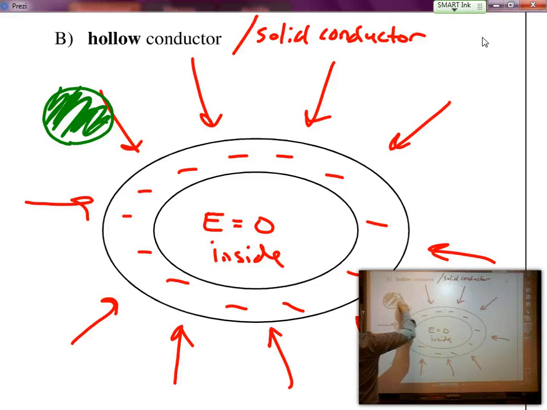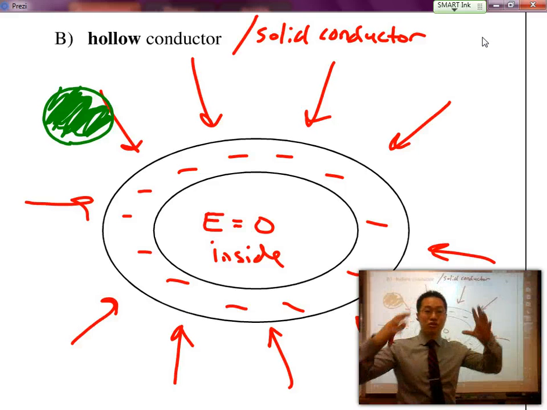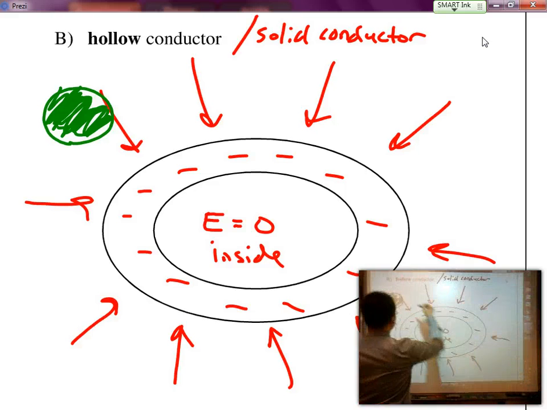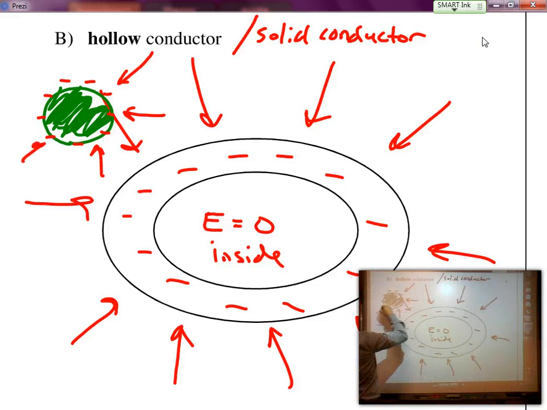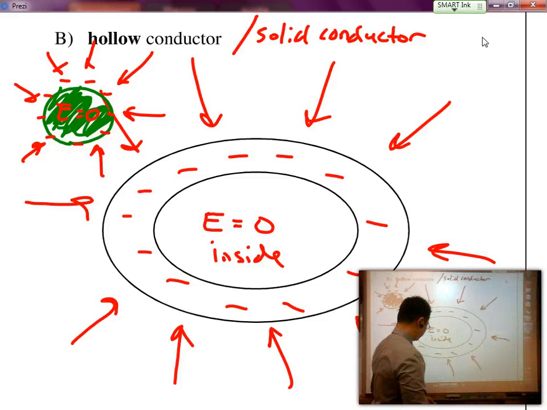Anytime you put a charge on a solid conductor, the electrons are going to spread out as much as possible. They only reside on the outer edge. And you're still going to get an electric field that goes in, while inside E is equal to 0.